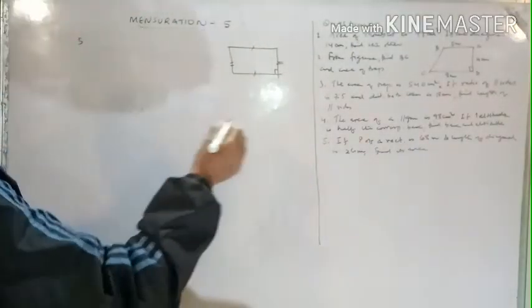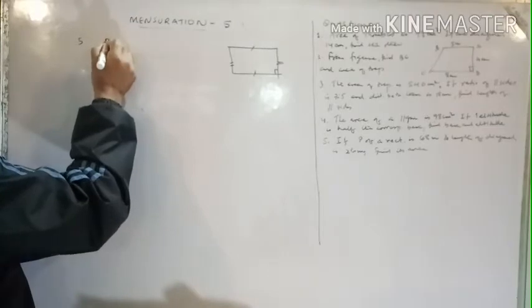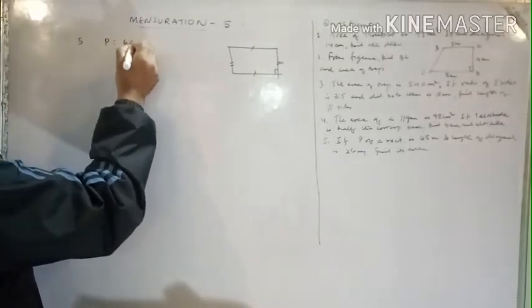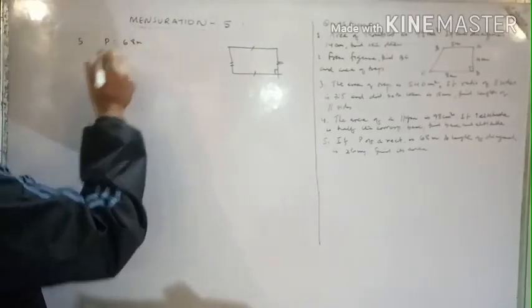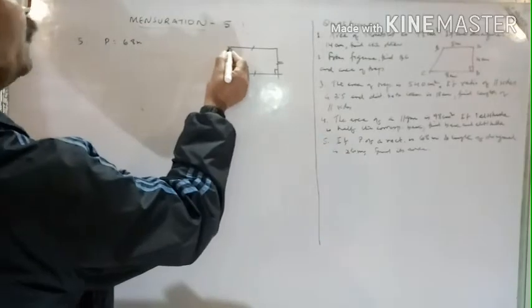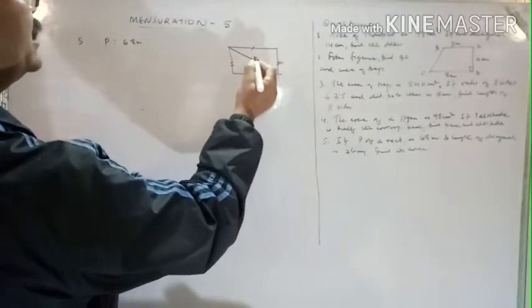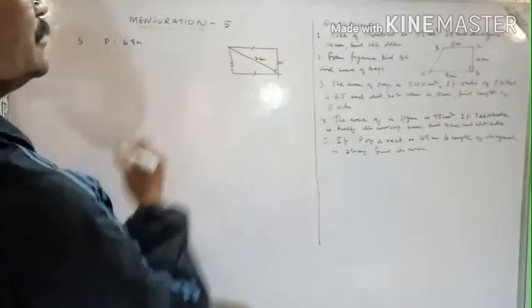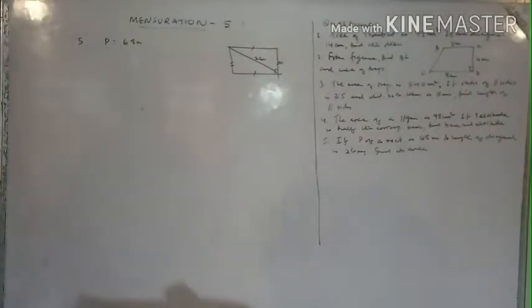So perimeter is equal to 68 meter, and the length of one diagonal is 26 meter. So find its area.